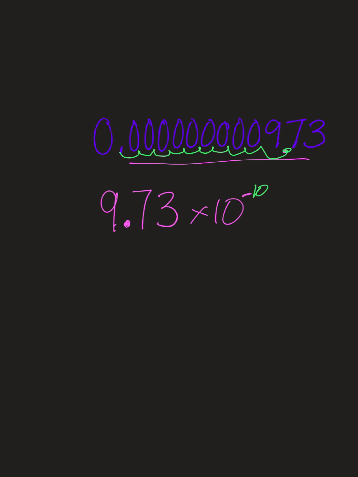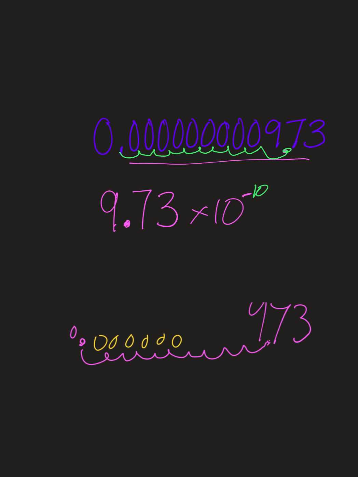Again, to move this back, I would write my 973. I have to move the decimal from this location, and I'm going to move it 10 times to the left. 1, 2, 3, 4, 5, 6, 7, 8, 9, 10. Put my decimal place here and replace all the zeros that were placeholders that we ditched to write it in scientific notation. Okay?